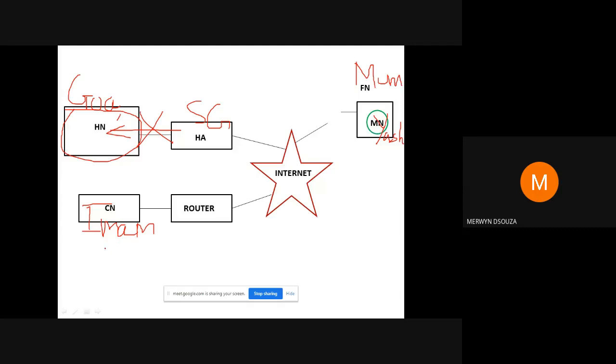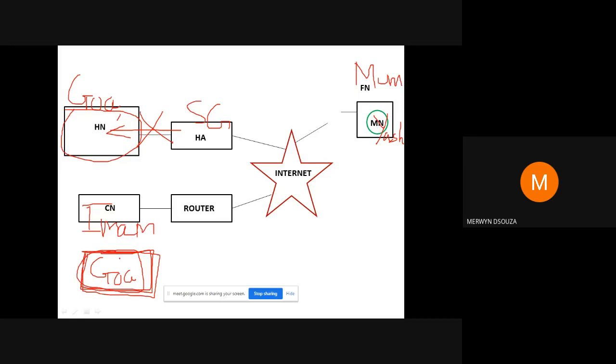Imam only knows the Goa address of Yash. Imam does not know if Yash is moving around. So whenever Imam wants to send a letter to Yash, he will put the Goa address of Yash and send it.